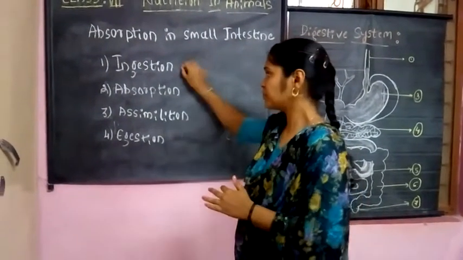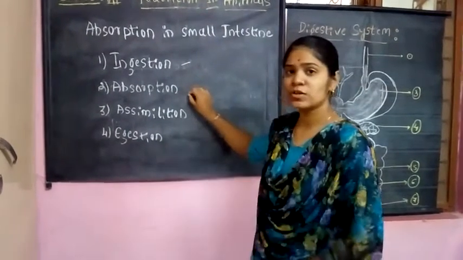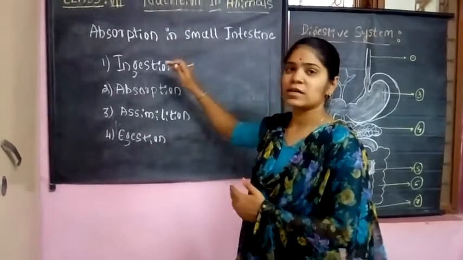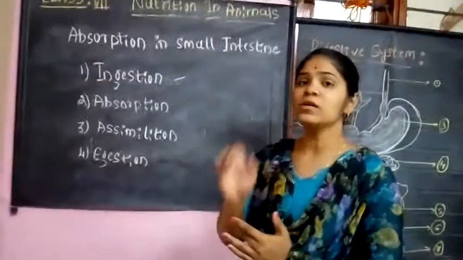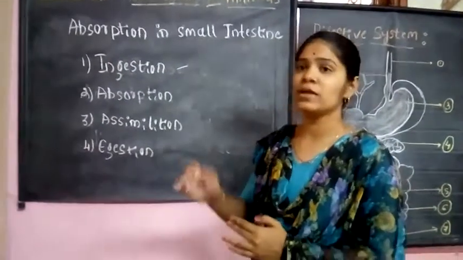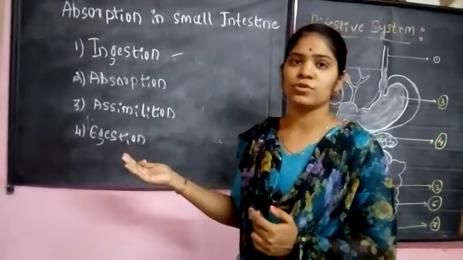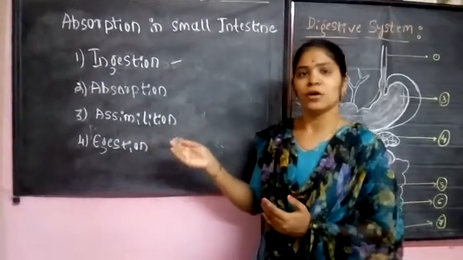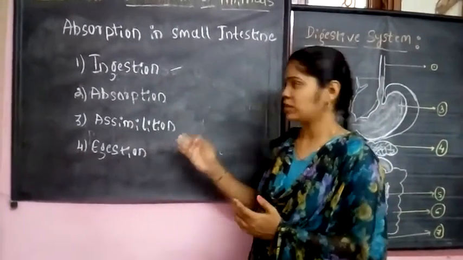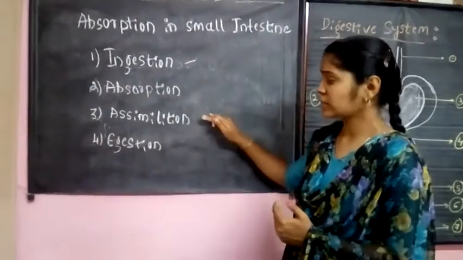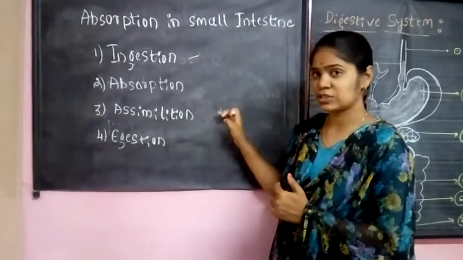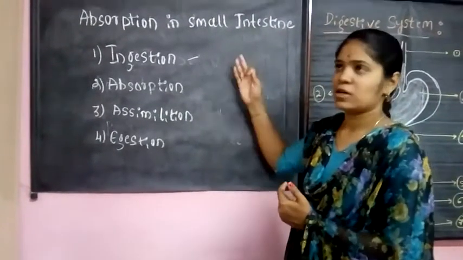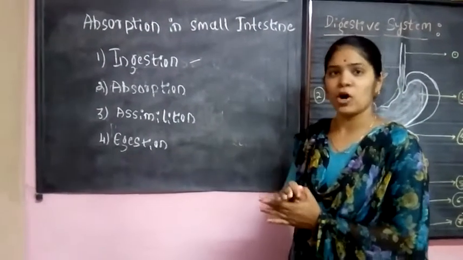So what is absorption? Whatever food materials come from the stomach will be absorbed by the small intestine and transported to all the parts of the human body. That is called absorption. Assimilation is when the digested food material is transported to all the organs.